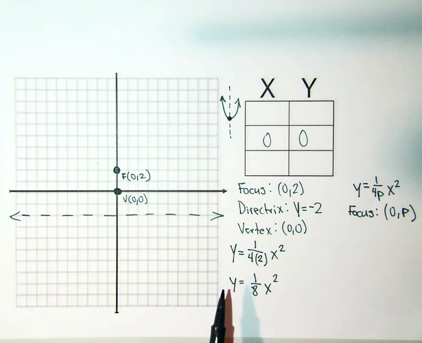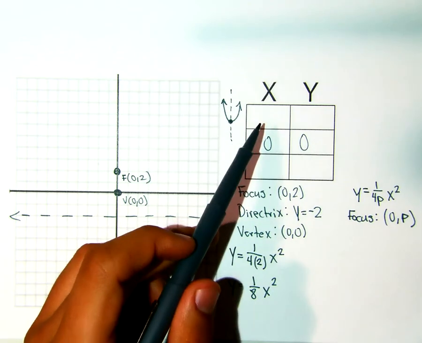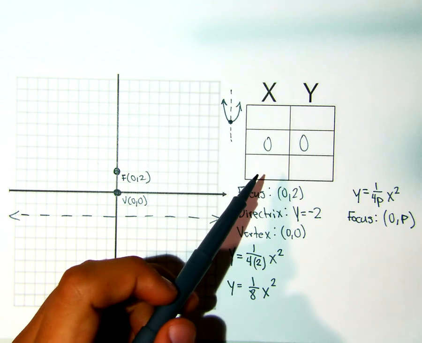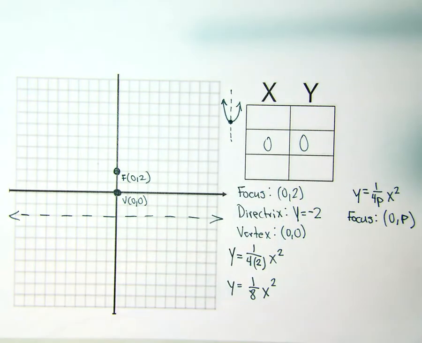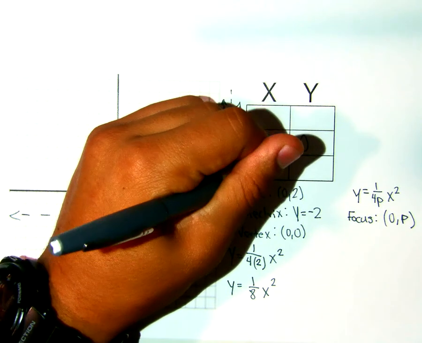We want to plug in one value for x that's less than 0 and one that's greater than 0. If I were going to plug in a value, 4 seems like a good number to use.